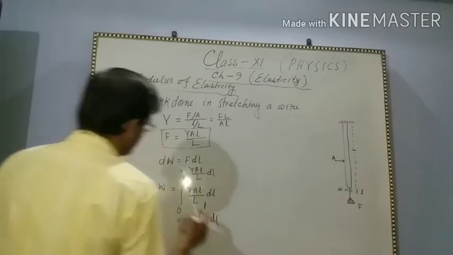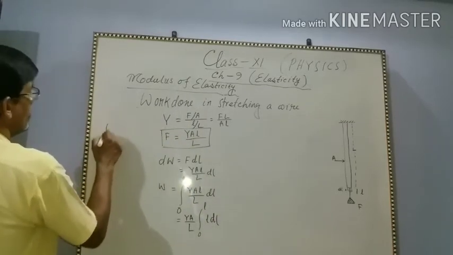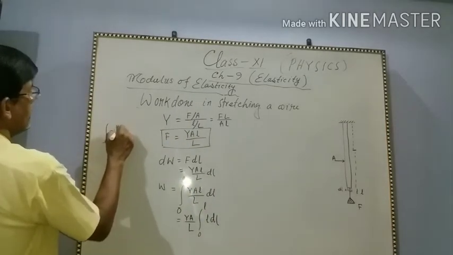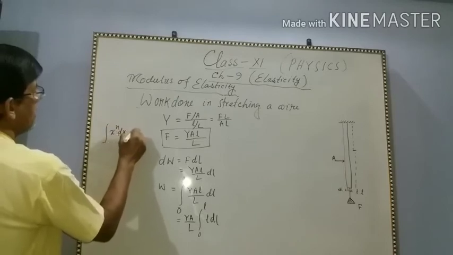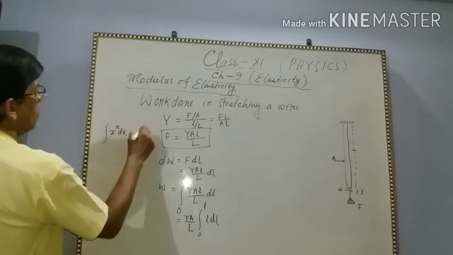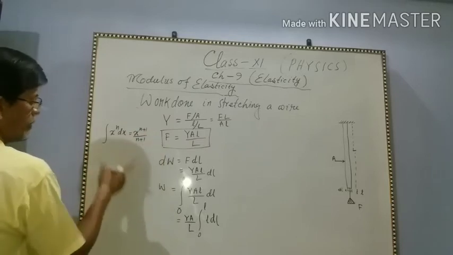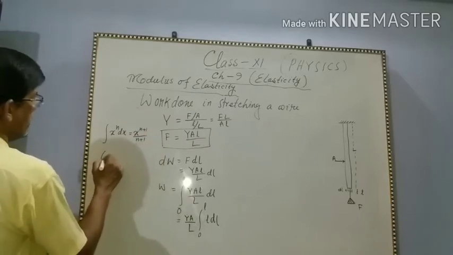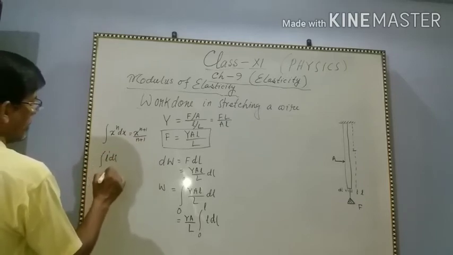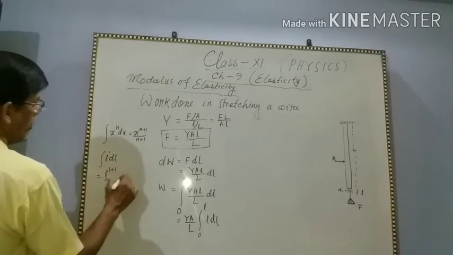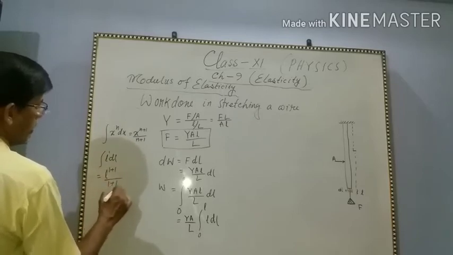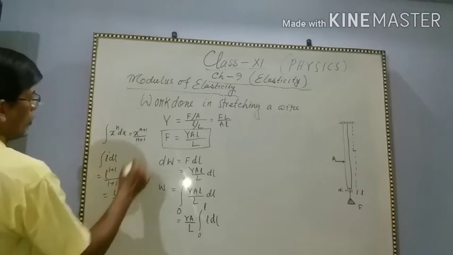You have to integrate this. The formula is the integral of x to the power n dx equals x to the power n plus 1 by n plus 1. By this formula, l dl has power 1, so l to the power 1 plus 1 by 1 plus 1, so l square by 2.